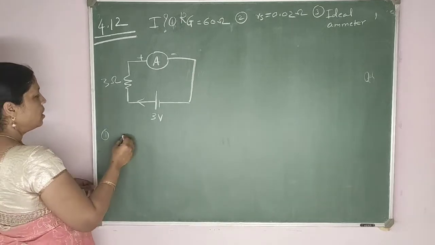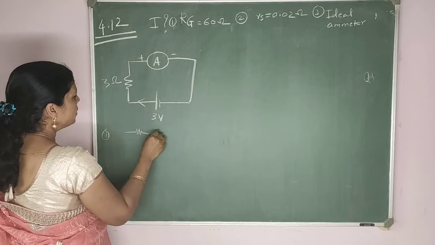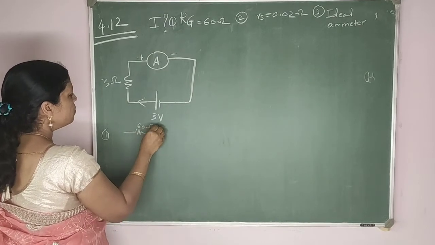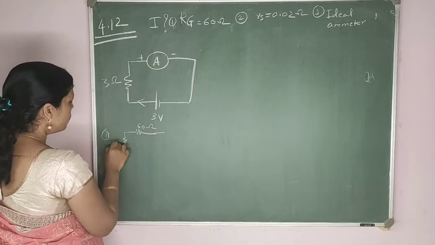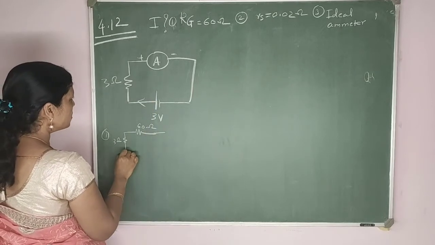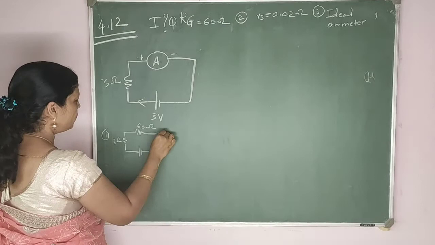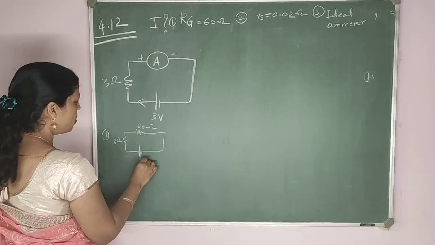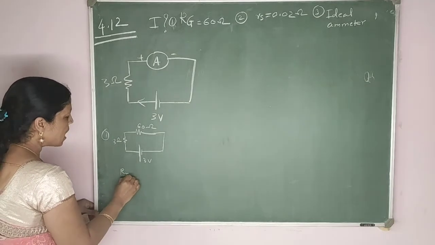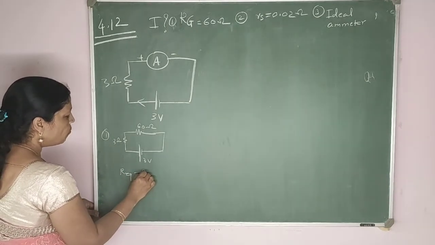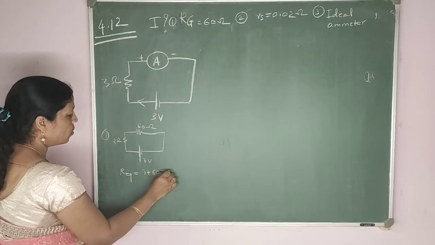So our circuit diagram will become like this. This is a 60 ohm galvanometer kept at the place of the ammeter. We have a 3 ohm resistance in series with it and a battery of 3 volt. As you know, the total resistance R equivalent of this circuit will be 63 ohm.